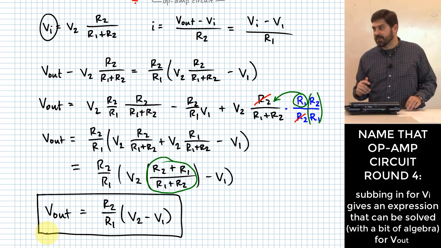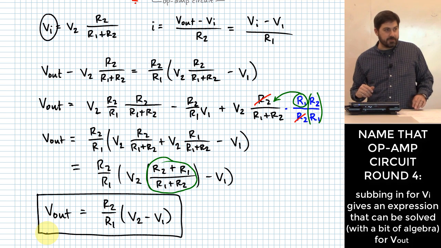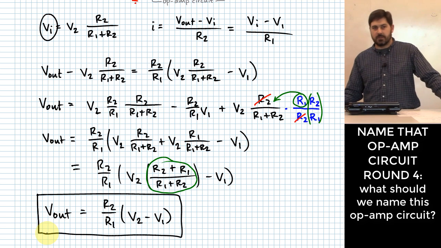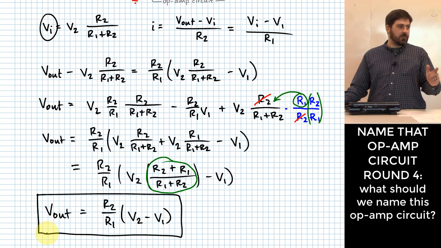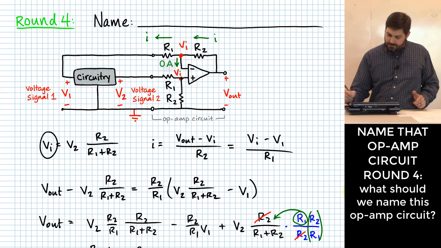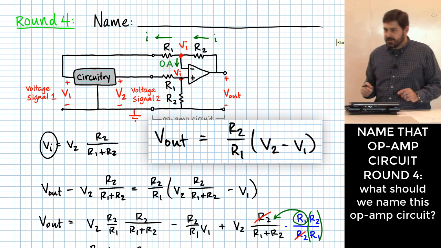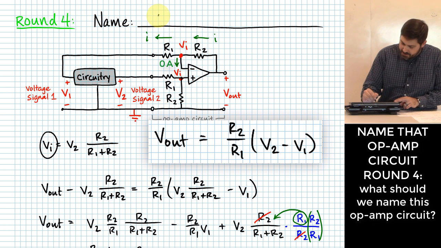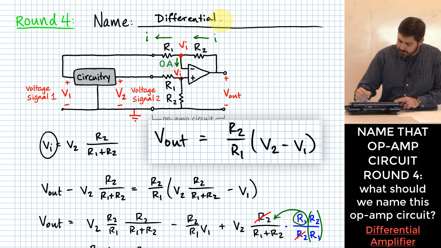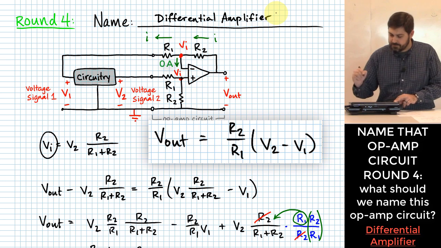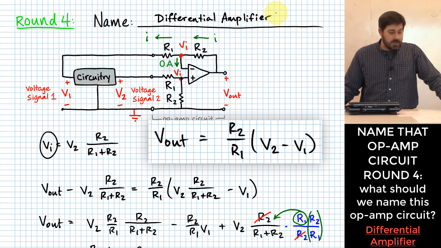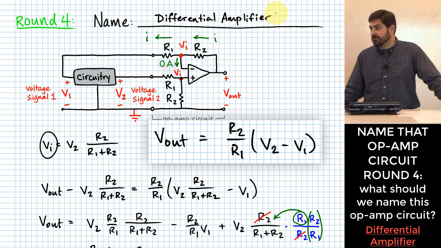All right? That was a lot of stuff, but what were we trying to do? What's our game that we're playing here? Name that op-amp circuit. What is this op-amp circuit named, do you think? Again, the little tip is don't be too creative. This is a differential amplifier. And what is its job?